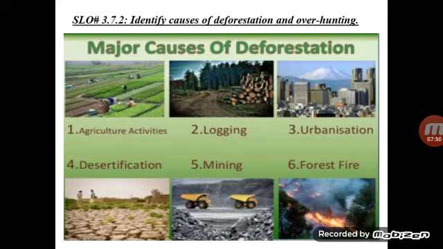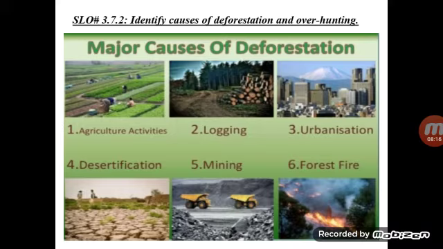This is called urbanization. As urbanization increases, the demand for buildings, hospitals, and cities is also increasing. So, to accomplish these demands, cutting down of forest is going on.